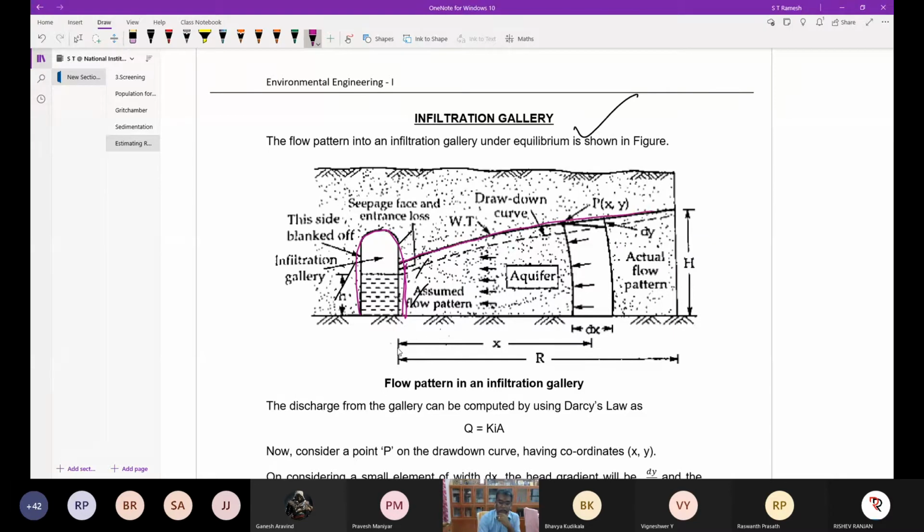For the drawing, you can also note down whatever I am tracing out with the violet color. This is your infiltration gallery, and this is your depth of water in the infiltration gallery, H. And this profile is your water table.